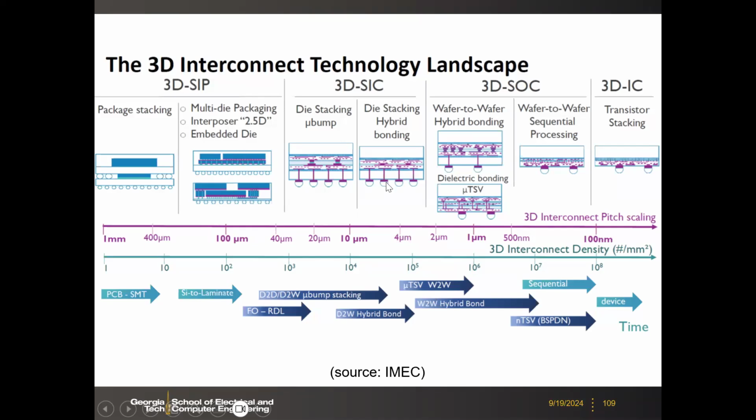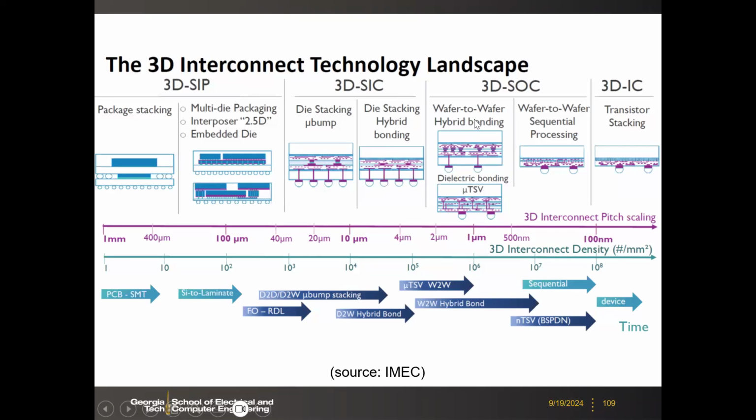And then when we talk about the micro bump, we are looking at this dimension, 20 micrometer, as I said. And then you can also look at the hybrid bonding, which will give you a few micrometer pitch.